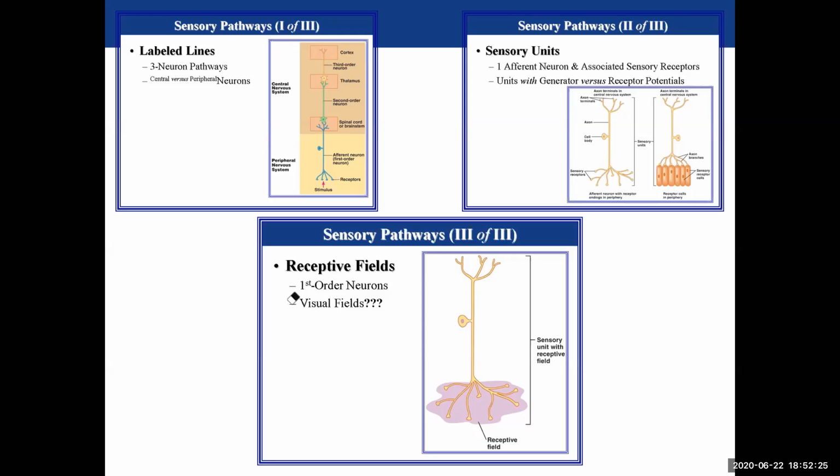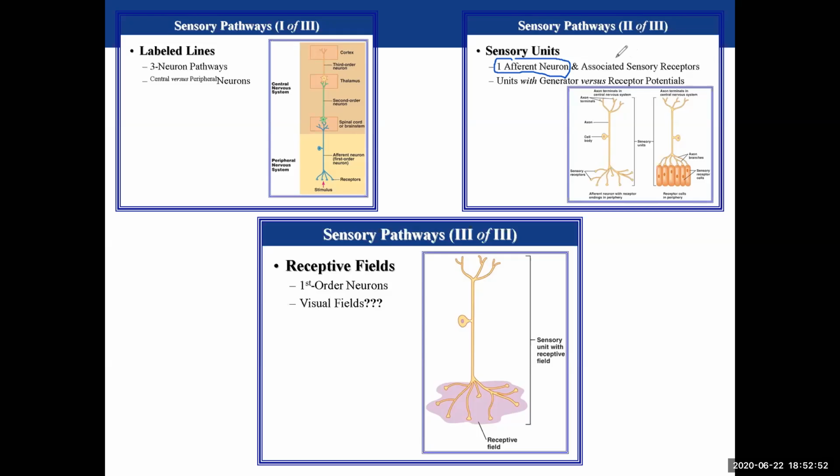Moving on to what is called a sensory unit. This is defined as one single first order neuron, so one afferent, one sensory neuron, and all the receptors it is innervating or serving, all the receptors sending information to it.